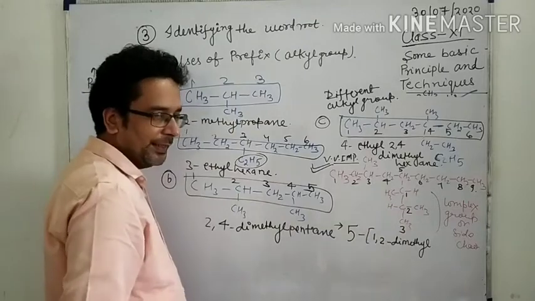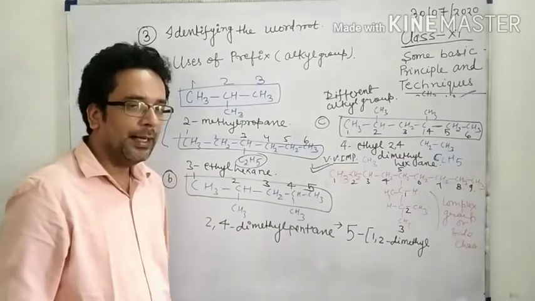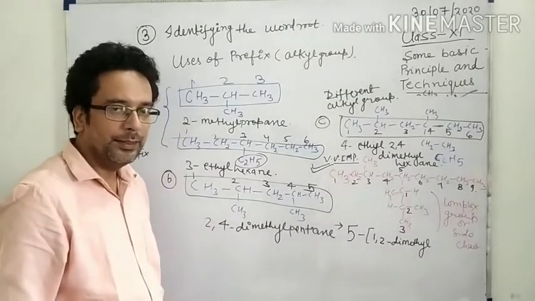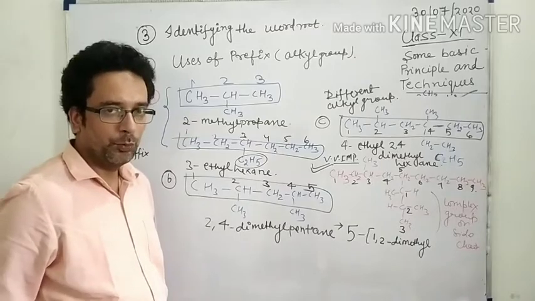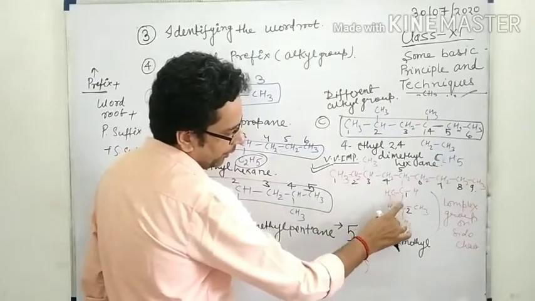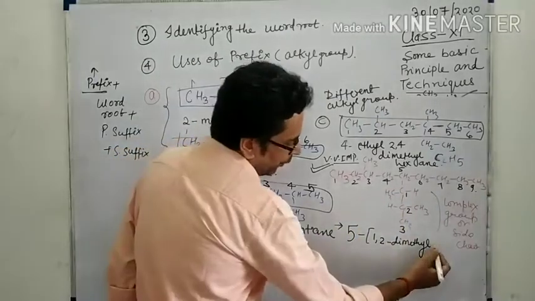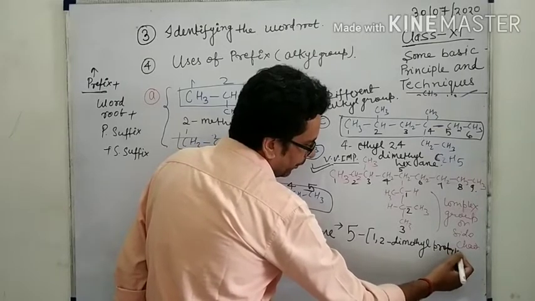Okay, so for 3 carbons, which alkyl group is obtained? So from propane we obtain propyl. So look here, there are 3 carbons, 1, 2, 3. Okay, so we use propyl.